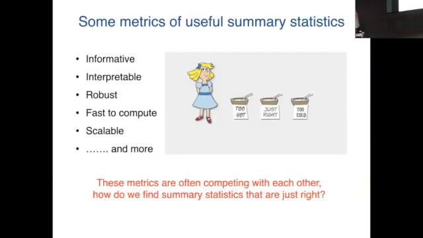In designing summary statistics, there are different metrics that you may use. We would like the summary statistics to be informative, interpretable, and robust to noise. At the same time, we would like the computations to be fast and scalable. Oftentimes, these metrics are competing with each other. So the question is, how do we find summary statistics that are just right?